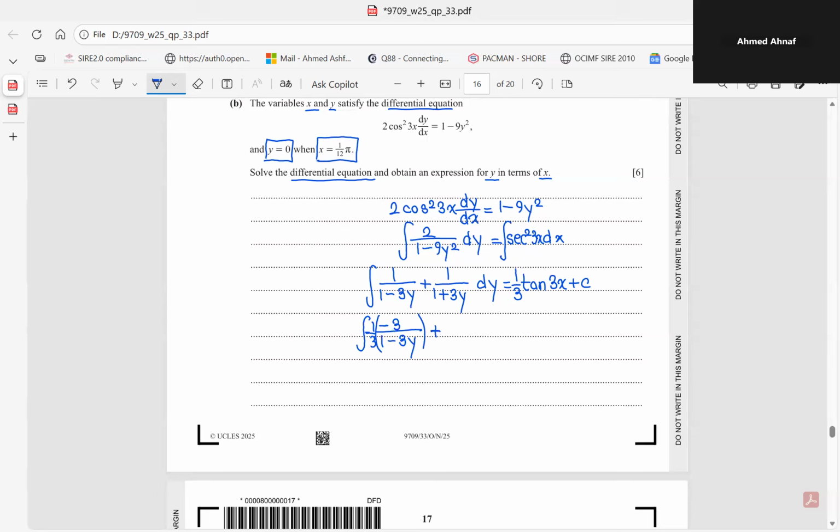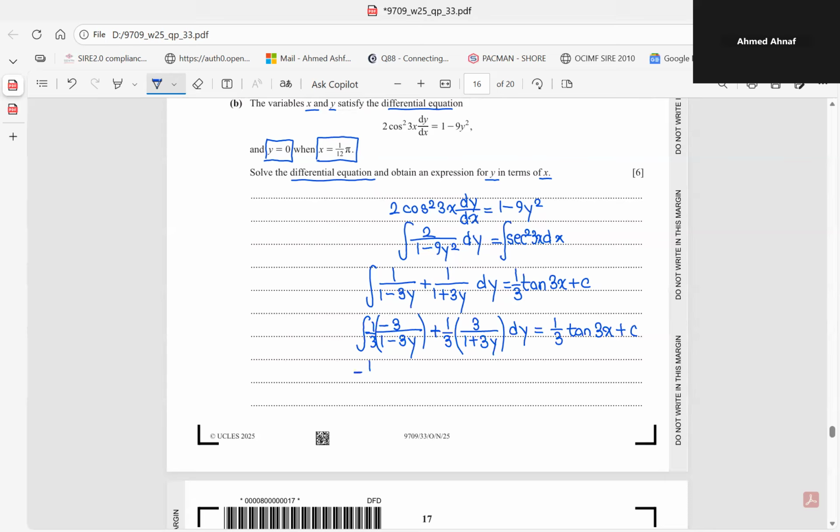And as for this, same thing, you differentiate the denominator and you replace the numerator with the derivative. And to ensure the value remains the same, you divide by whatever number you put there. So 1/3. To integrate, you ignore whatever scalar you have in front.